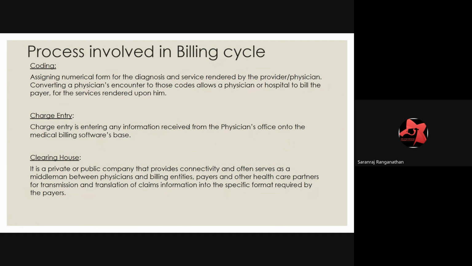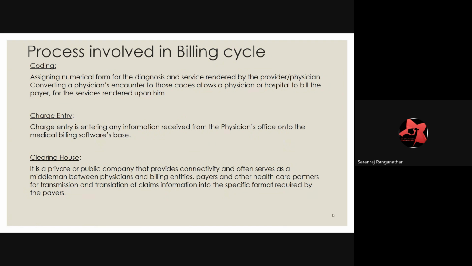Then clearing house. It is a private or public company that provides connectivity, often serving as a middleman between the physician and billing entities or payers and other healthcare partners, for the transmission and translation of claims information into the specific format required by the payers. So this is a public or private company.